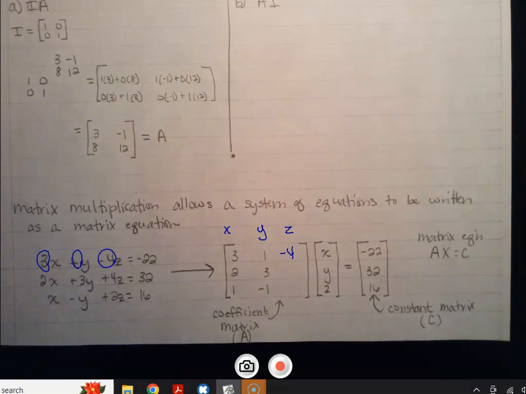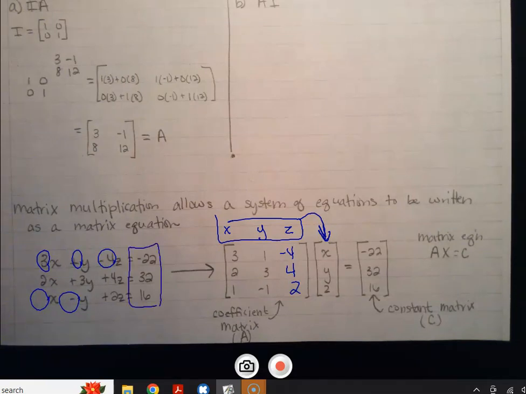So for the next one, we have 2, 3, and what goes in our z column? 4. And for the last one, we have 1, -1, and 2. All right. So then we have a column that we name x, y, z. So it's like we take this one and bring it into a column form. That's one way you can think about it. And then this is called our constant matrix. That's the answers to it.